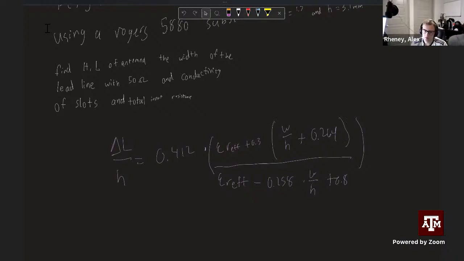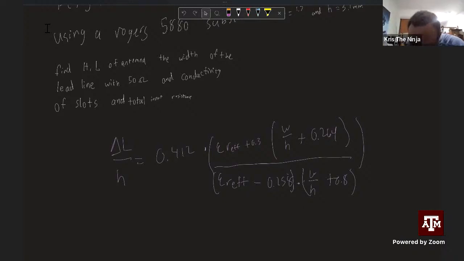And then on the bottom, do parentheses around the epsilon ref and the 0.258.